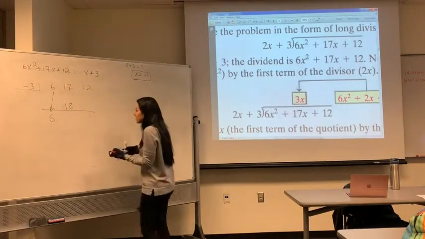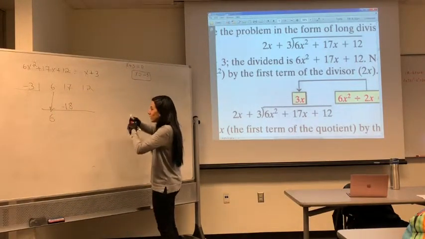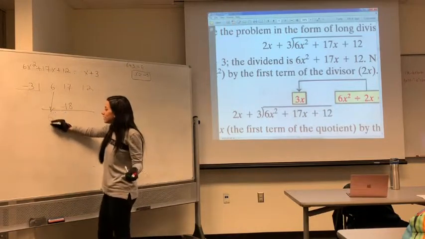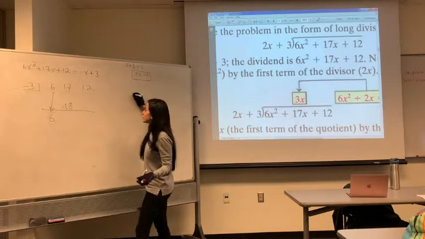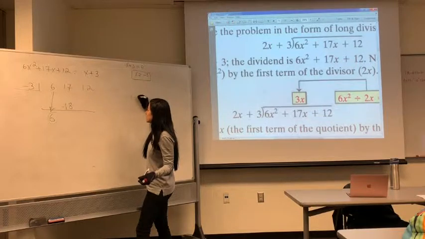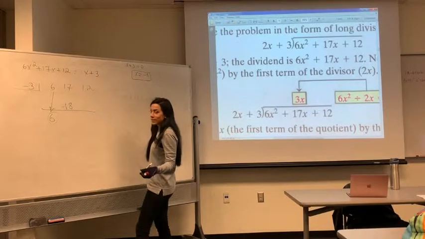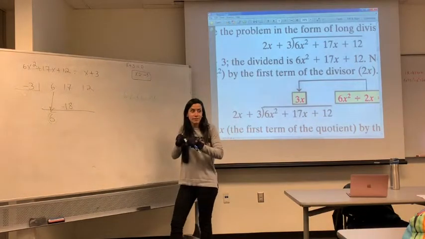So the first step, I multiplied this number 6 to negative 3 to get negative 18, right?